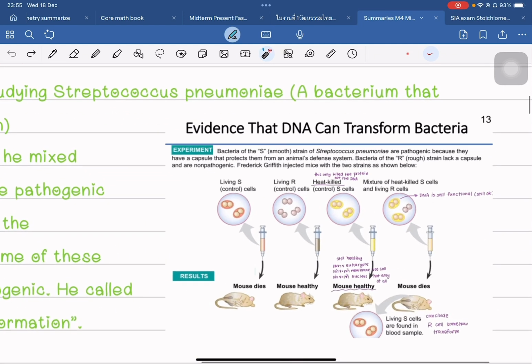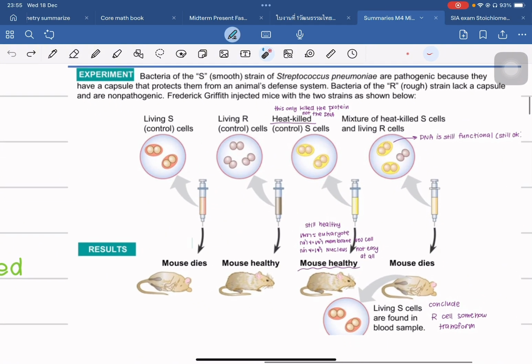In the experiment, he tested S cells and R cells by injecting them into mice. The S cells made the mouse die, while the R cells didn't. When he heat-killed the S cells, the mouse stayed healthy.